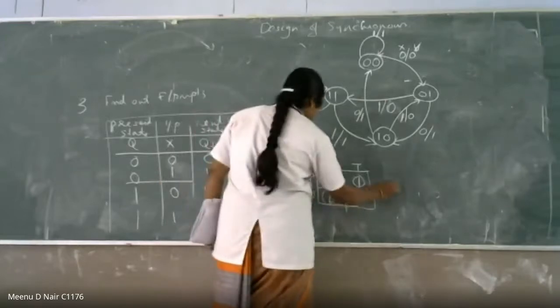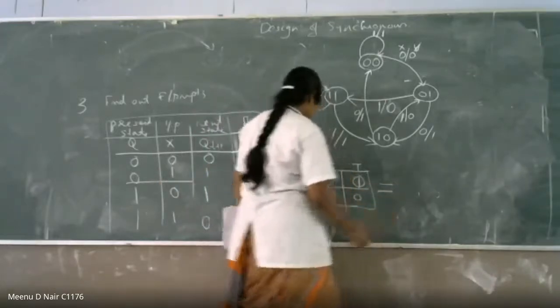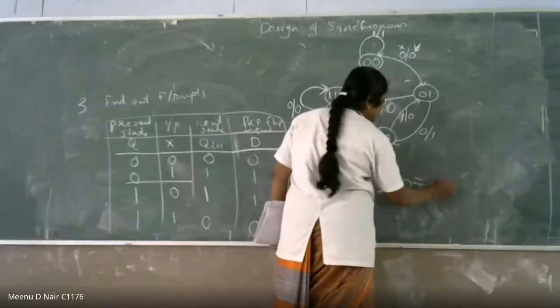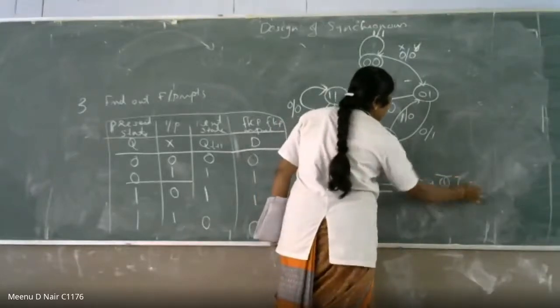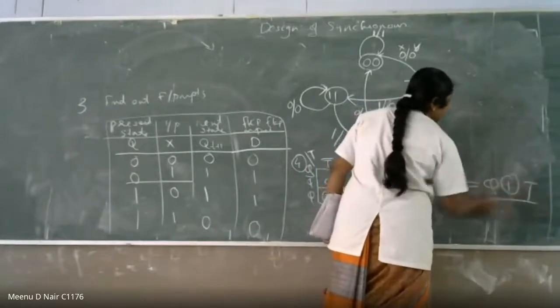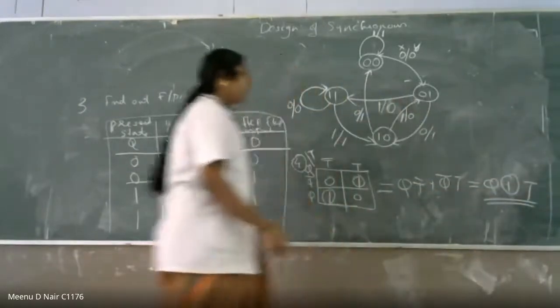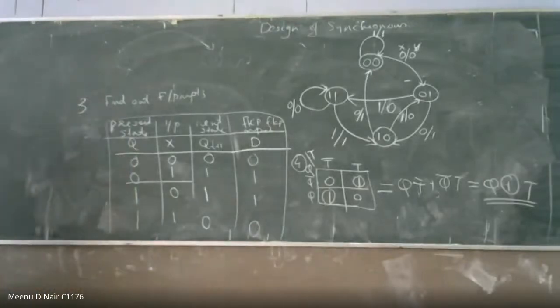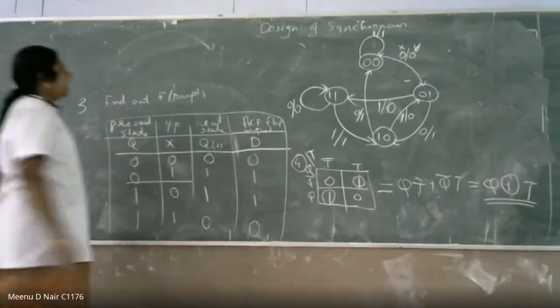It equals Q T bar plus Q bar T, which is Q XOR T. This is the expression for the flip-flop input, Q XOR T.